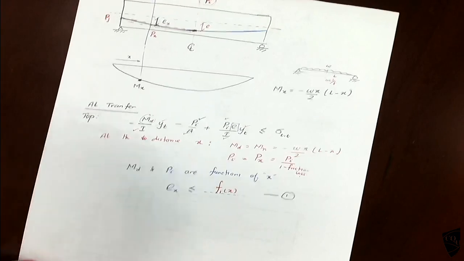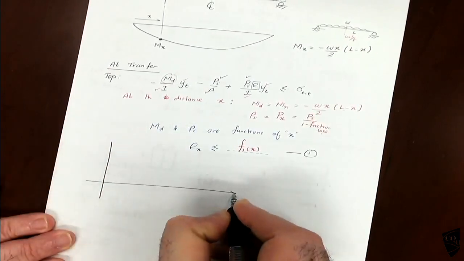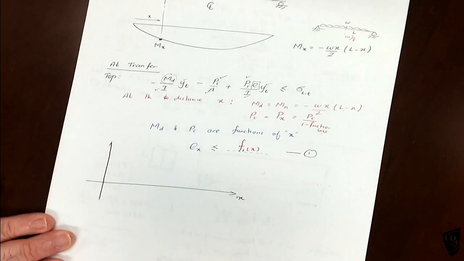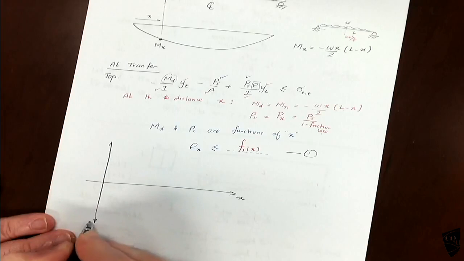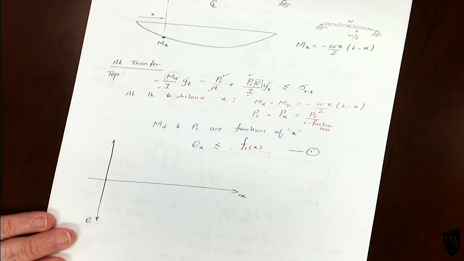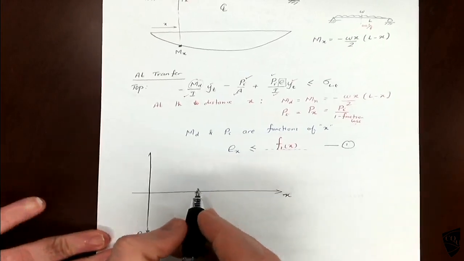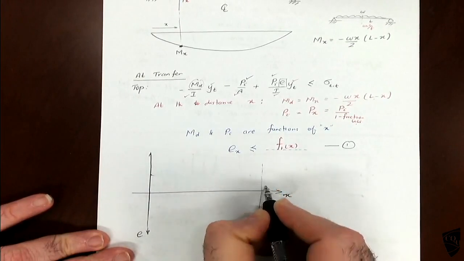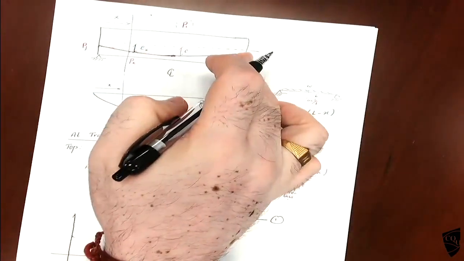If you draw the graph, this is x and this is e, the eccentricity. Because this is a function of x, if you draw the graph, you will get something like this. This is up to the center line, L/2, and you can draw the other side as well.